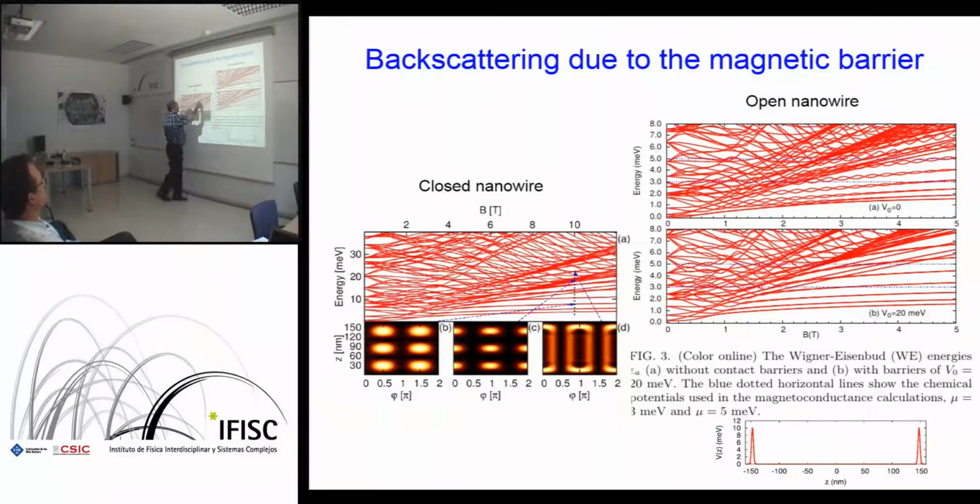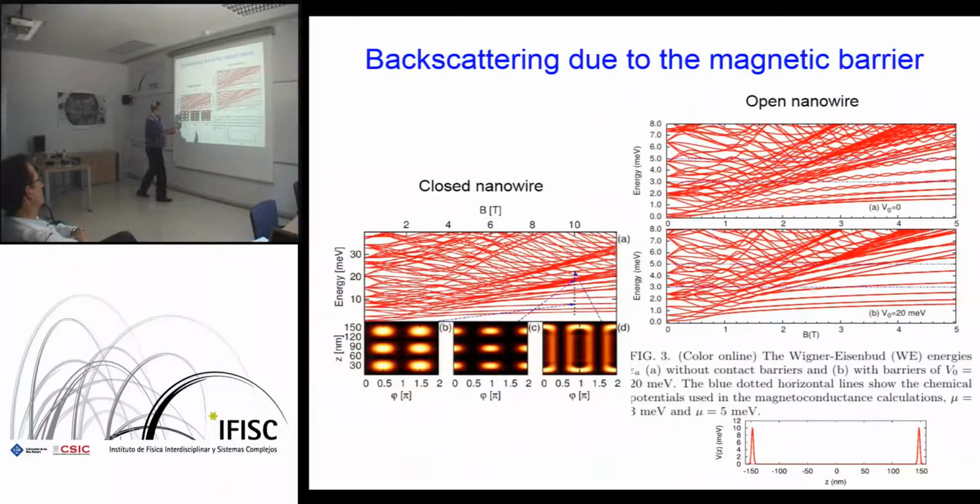Remember the energy spectrum obtained for the finite nanowire, energy versus magnetic field. So here we see the snaking states becoming the ground states, or low energy states. Here we see an additional feature, this braiding. It tells you that the snaking states, which are always in pairs, in this example, in the closed nanowires, here they make some sort of interference.